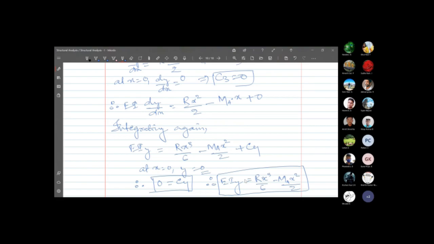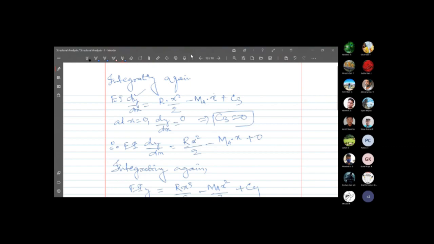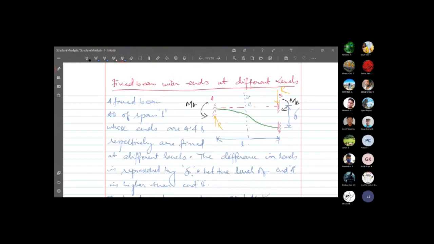Now what will be the value of y at x equals to L?